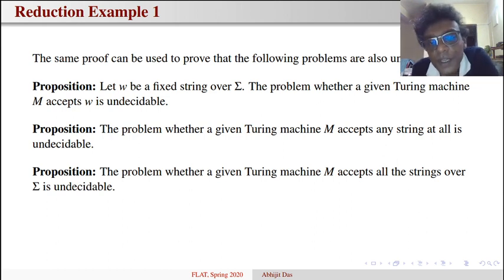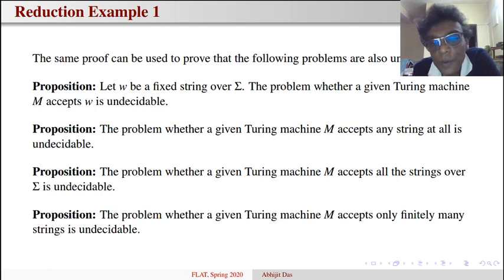The problem whether a given Turing machine accepts all strings, that is, whether the language of M is sigma star or not, is also undecidable. The same reduction proves it. The problem whether a given Turing machine accepts only finitely many strings is undecidable. Why? Because phi, the empty set, is a finite set, whereas sigma star is infinite.